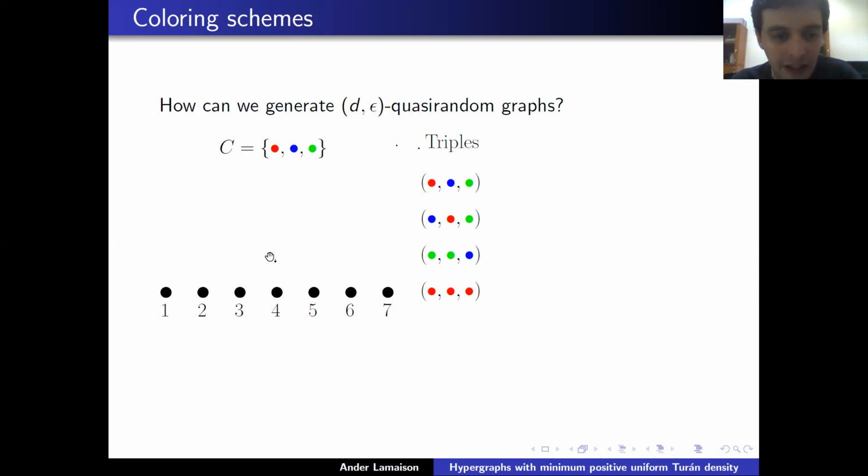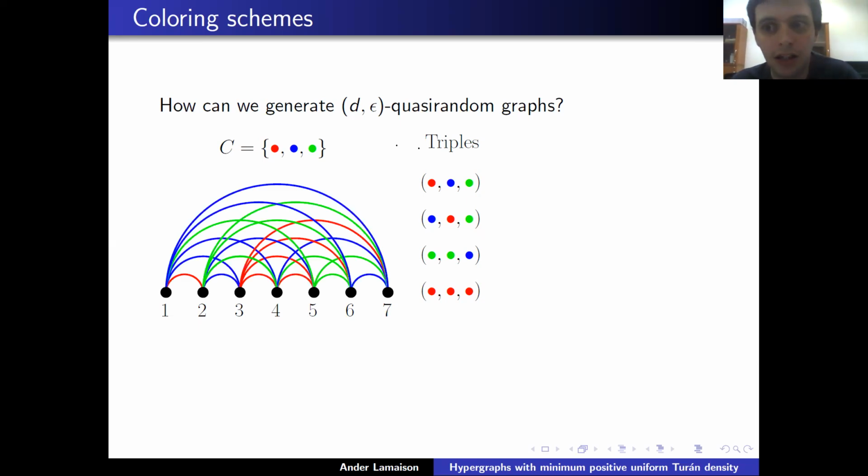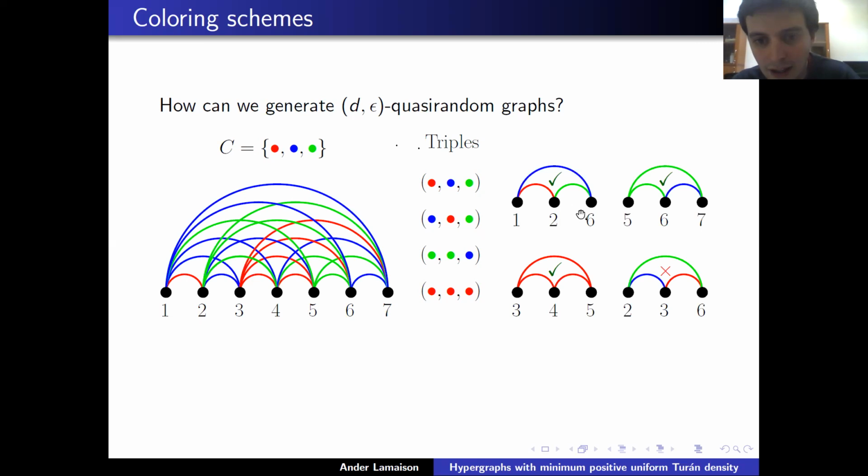And we are going to take the complete 2-uniform graph on these vertices, and we are going to randomly color it with colors from our set. And then for any triple of vertices, the 2 smallest vertices we are going to call the left pair. The smallest and largest, we are going to call the top pair, and the 2 largest, we are going to call the right pair.